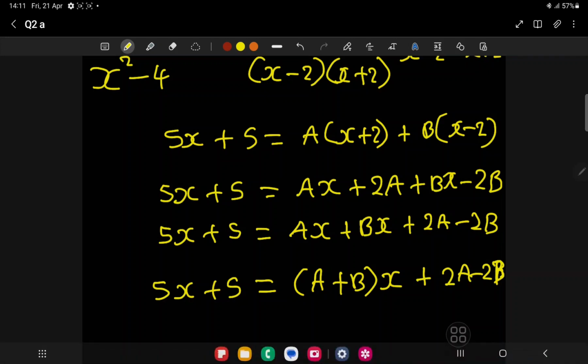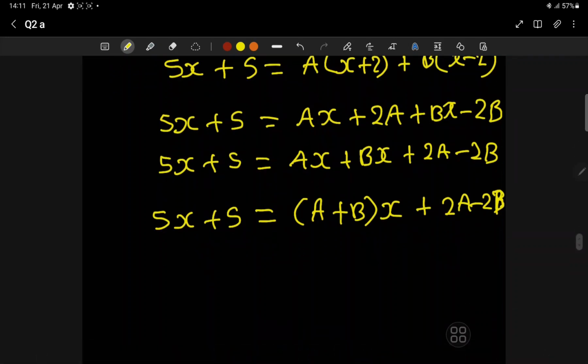Then we can equate what we have on the left hand side and the right hand side. So the x factor has 5 as the coefficient, so we equate them. So we have a plus b is equal to 5. We've taken coefficients.